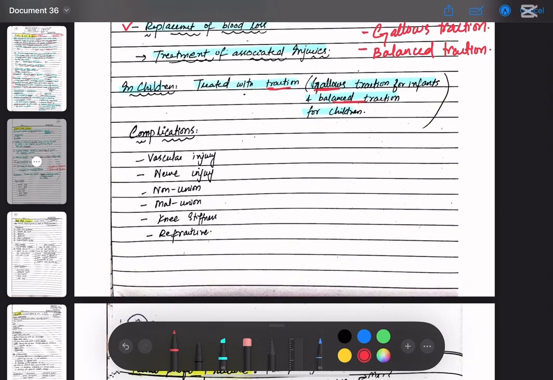The complications of these fractures are vascular injury, nerve injury, non-union, malunion, knee stiffness, and refractures.